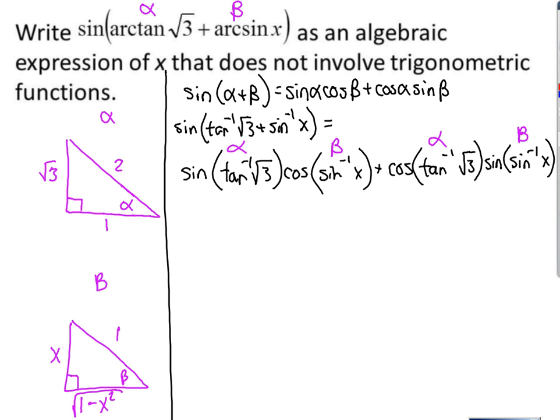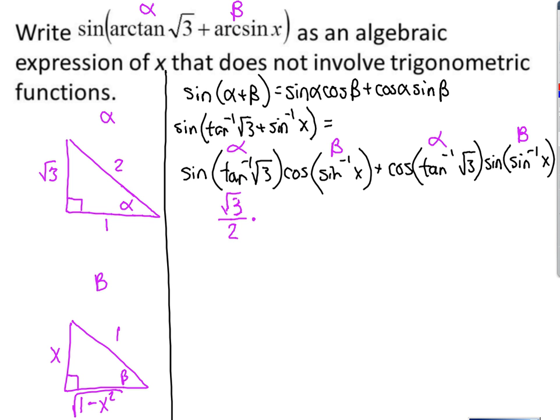So we're going to look at our alpha triangle first, and we're going to find the sine of our alpha triangle. Remember, sine is opposite over hypotenuse. My opposite side is radical 3, and my hypotenuse side is 2. Now I'm going to look at the cosine of beta. So we look at our beta triangle. We're going to find the cosine of it.